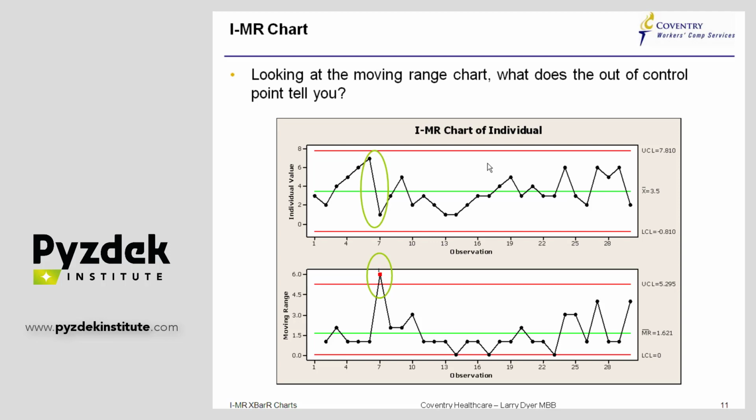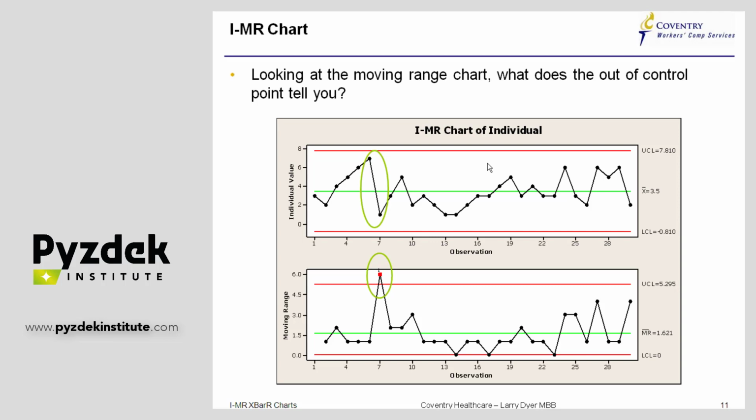Now the chart says it's in control, but the moving range chart shows a point out of control. And what that's telling us is that there's too much change in my individual chart to make that random. The software is believing that this is not a random event because of the amount of change I had in my individual chart.